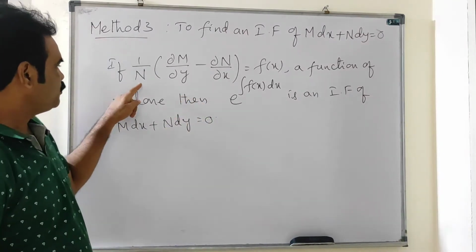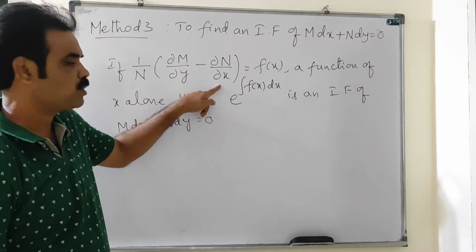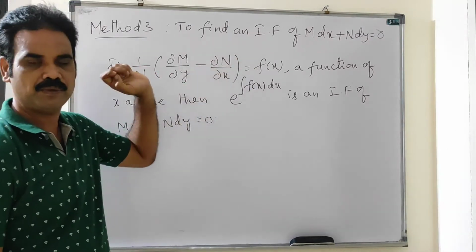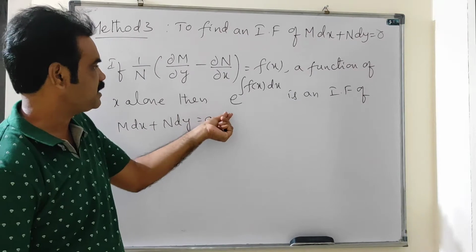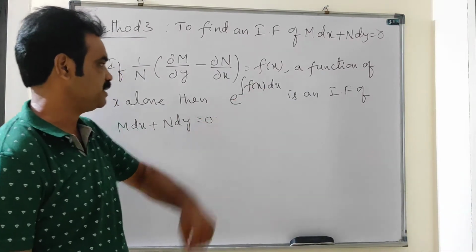If 1 by N into (∂M/∂y minus ∂N/∂x) is a function of x alone, that means f of x, then the integrating factor is e power integral f of x dx.